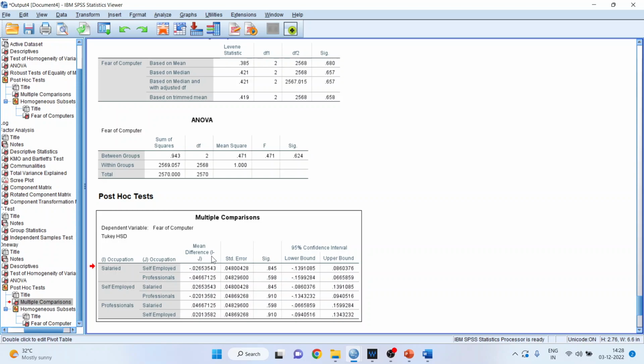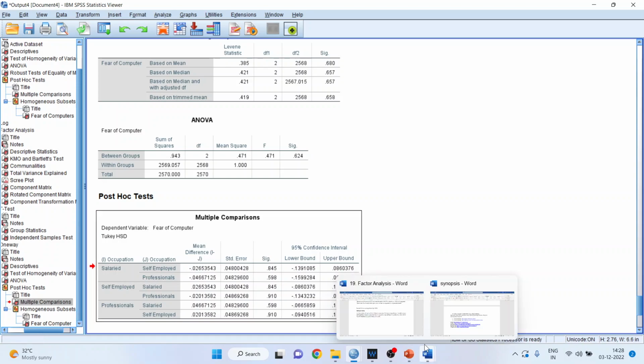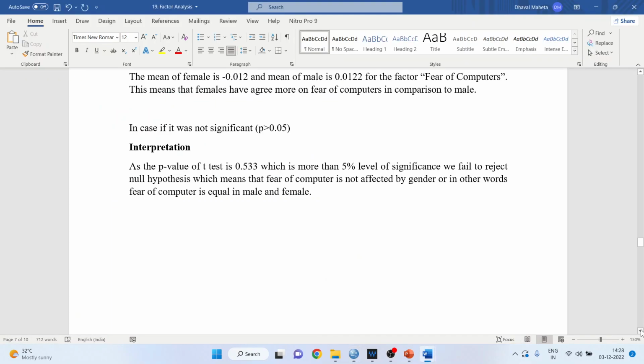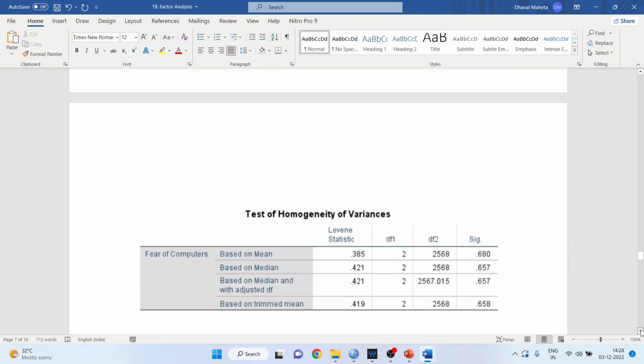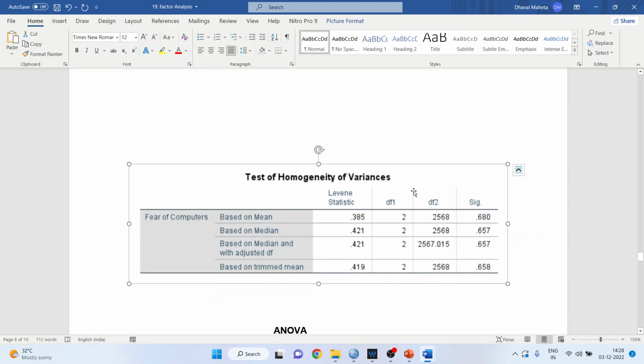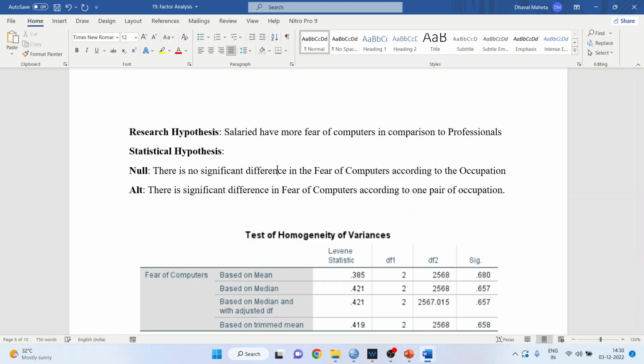Tukey's test. How to interpret? Let's see. Our research hypothesis will be, salaried respondents have more fear of computers in comparison to professionals.